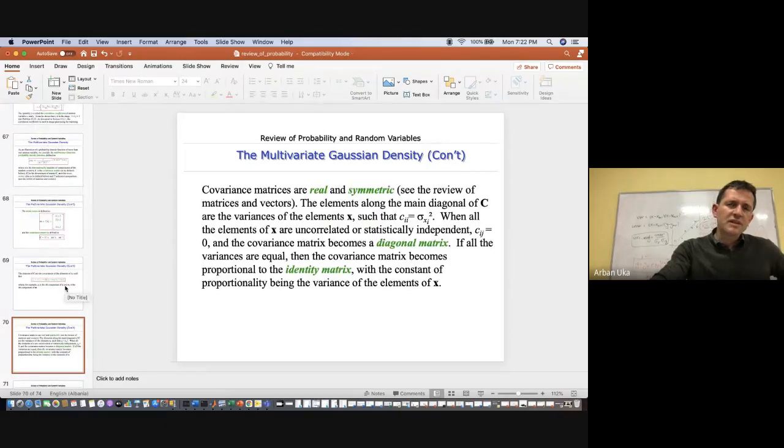Okay, covariance matrices are very important concepts, and with these covariance matrices we try to determine the major axis in a multi-dimensional data distribution.